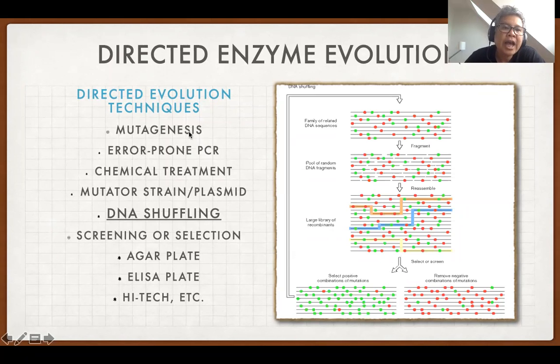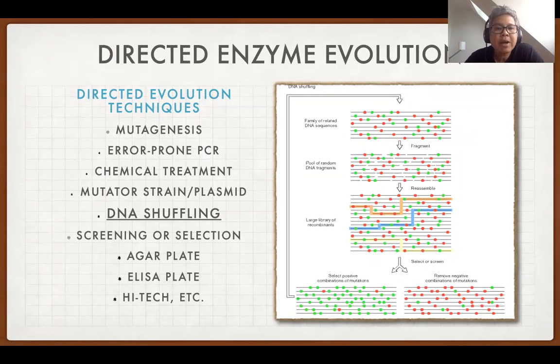The techniques of molecular evolution are basically many kinds of molecular biology techniques. You have to deal with mutagenesis or error-prone PCR, chemical treatment, DNA shuffling, and screening. There is also high technology, using a robot to select in a droplet of water or something. There are so many kinds of techniques available.